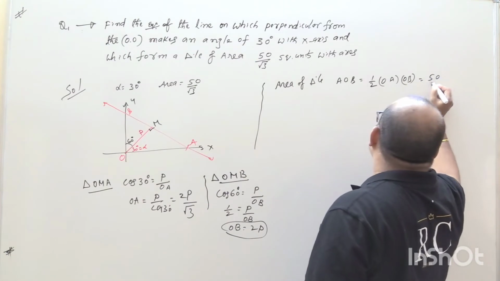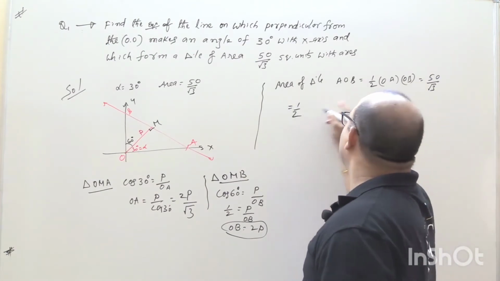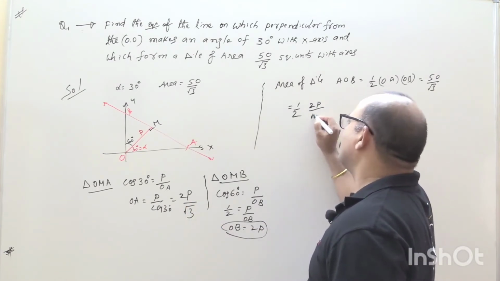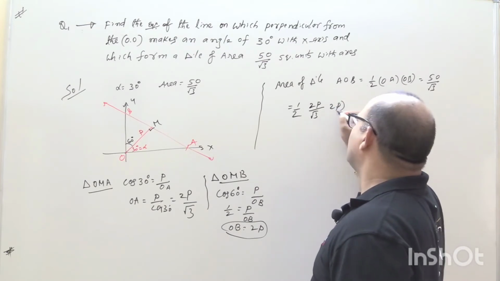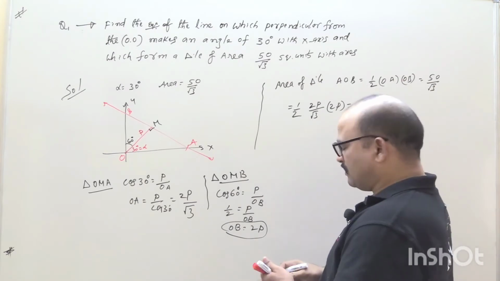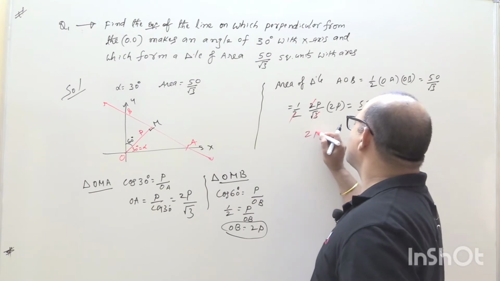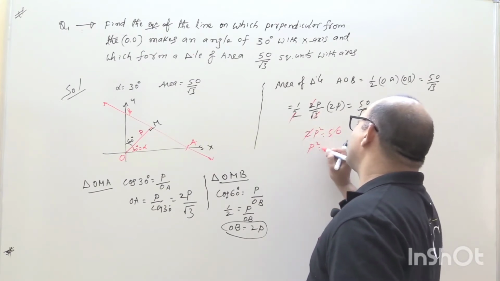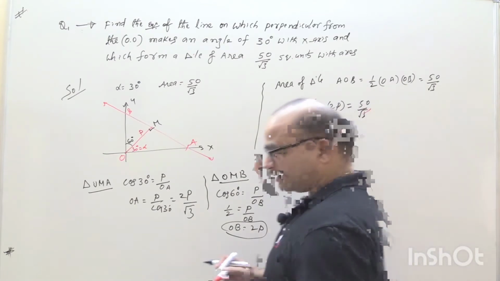OA is 2P by root 3 and OB is 2P, equal to 50 by root 3. On both sides root 3 gets cancelled, and the 2 also cancels. So 2P square is equal to 50, and after cancellation P square is equal to 25. P is equal to plus or minus 5. Be careful, plus or minus is important.